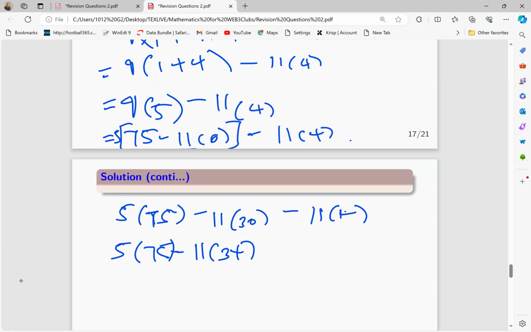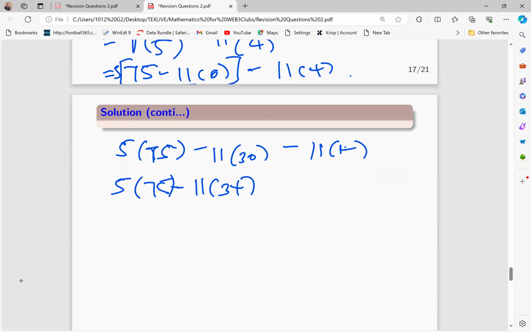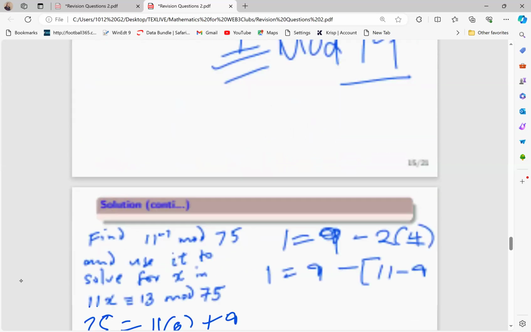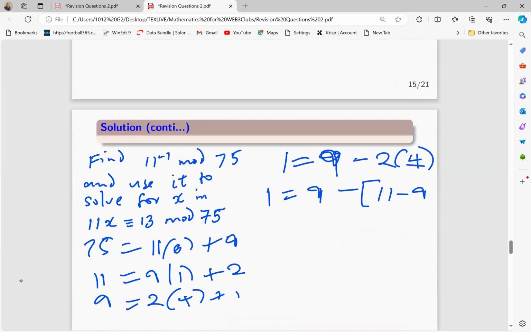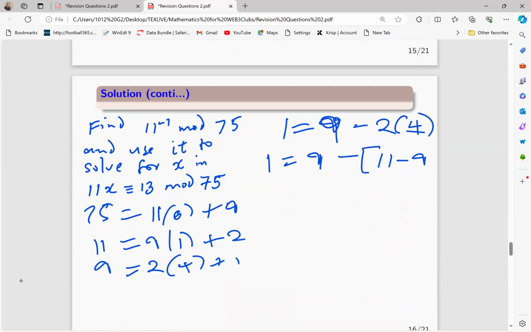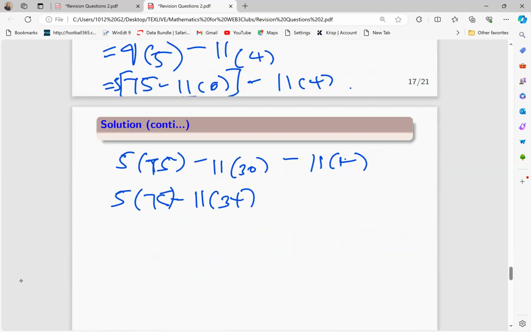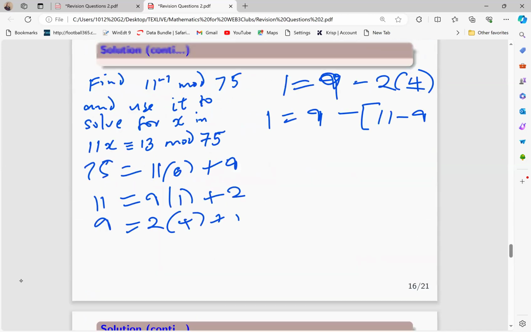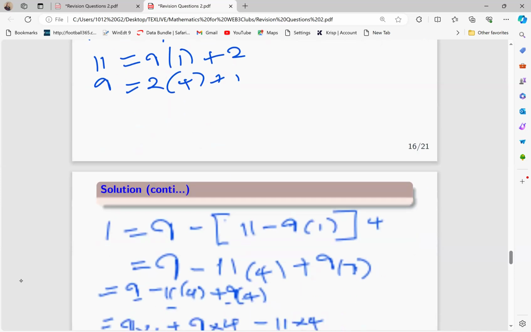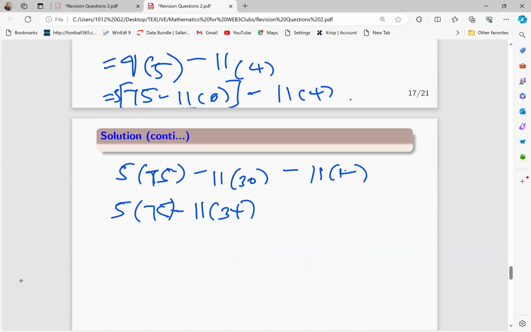We are doing it mod what? Let's go back to the question. Negative 34 mod 75. It looks like 41. Is that okay? 41. Let's find out whether it's true that 41 times 11, 41 times 11 mod 75.